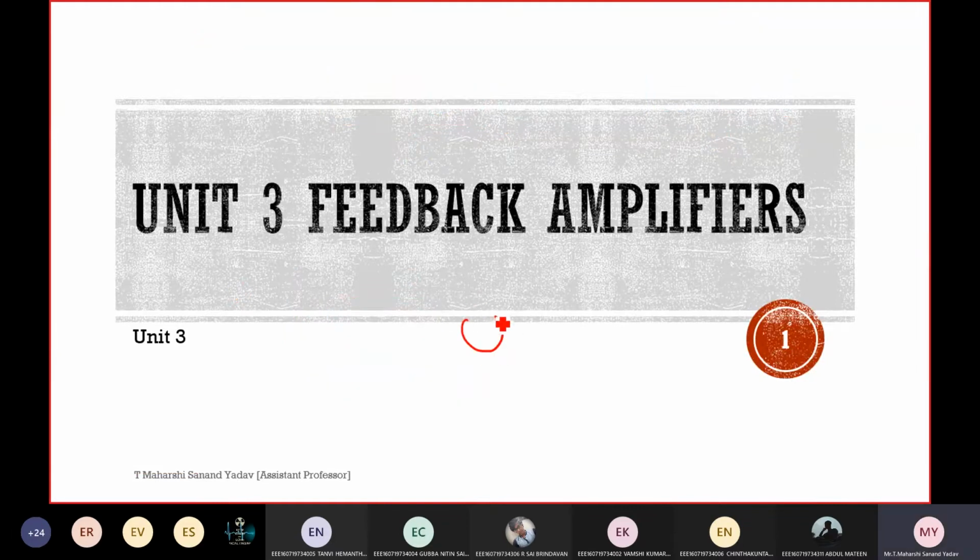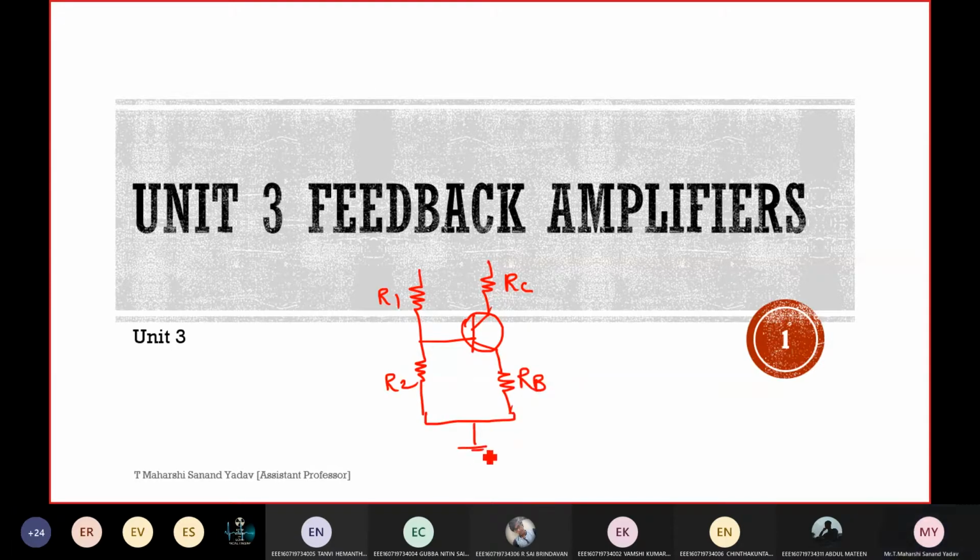Voltage divider circuit. We are going with the CE model. Voltage divider means at the input there will be two resistors. This is R1, this is R2. Here it is RC. This is RB. This is connected to ground and this is connected to supply.